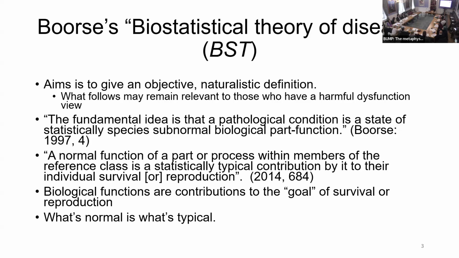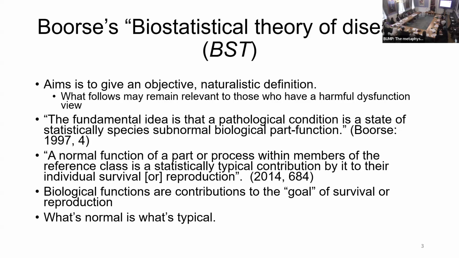I'll read the quotes, but this is my gloss to summarize what Boorse is getting at. So Boorse says the fundamental idea is that a pathological condition is a state of statistically species-subnormal biological part function. He goes on in a more recent piece of work: a normal function of a part or process within members of the reference class is a statistically typical contribution by it to their individual survival or reproduction.